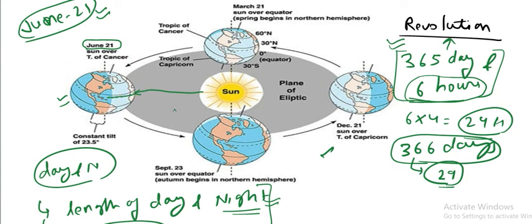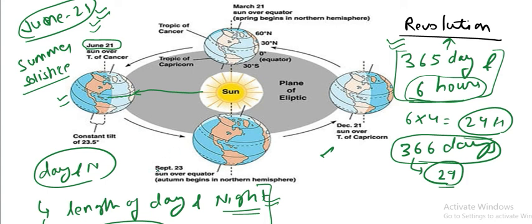So on this day, the sun rays vertically fall on this Tropic of Cancer, and this is called summer solstice. June 21 is called summer solstice, right? And this is the longest day in the northern hemisphere and the shortest day in the southern hemisphere, right?